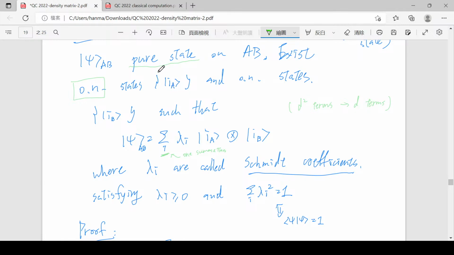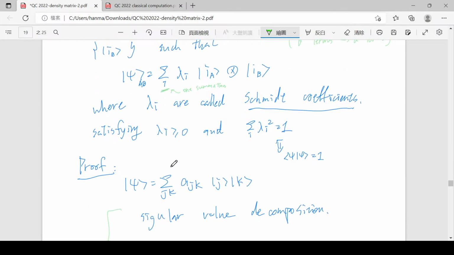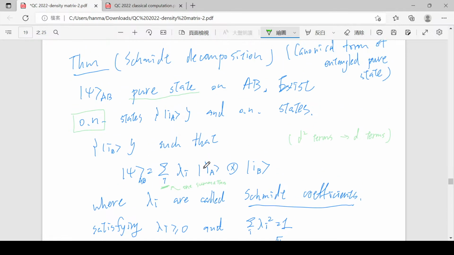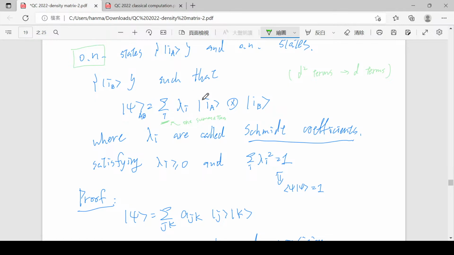Sorry, this |i_A> is an orthogonal set. So at most there are d of |i_A> here. So this summation here is at most d, and those lambda i, there are at most d of them. So instead of d squared coefficients, you just have d coefficients here. But obviously those |i_A> and |i_B> depend on psi. So you are not really losing information.